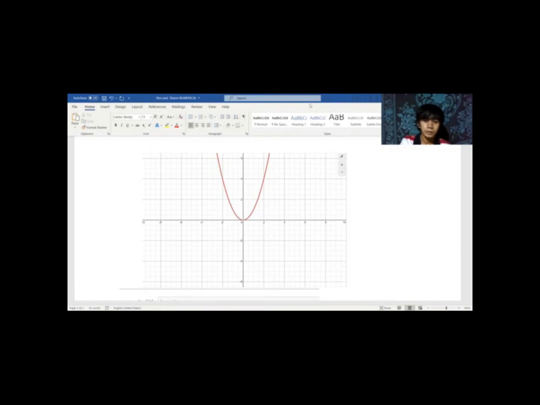Yung susunod natin gagawin dyan is i-integrate muna natin nang hindi gumagamit ng Python. So, ganito natin siya i-integrate.